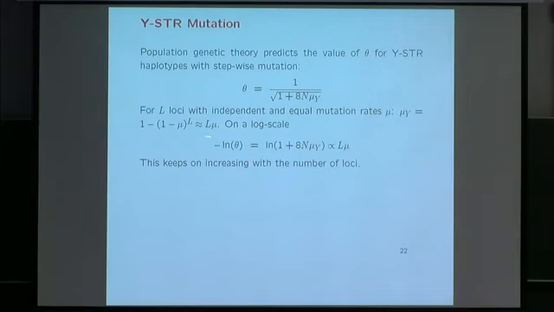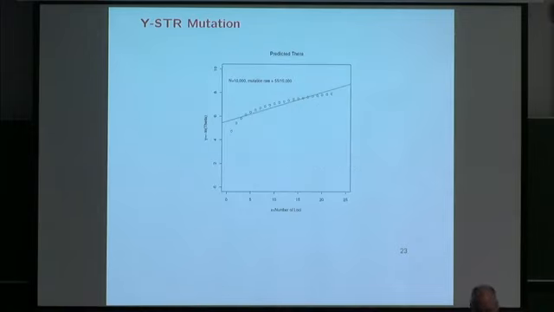So as you get more and more loci, theta gets smaller, and the strength of the evidence gets stronger. And that will continue. This suggests that we should just keep on adding loci forever. We'll get stronger and stronger evidence. We don't see that in practice.